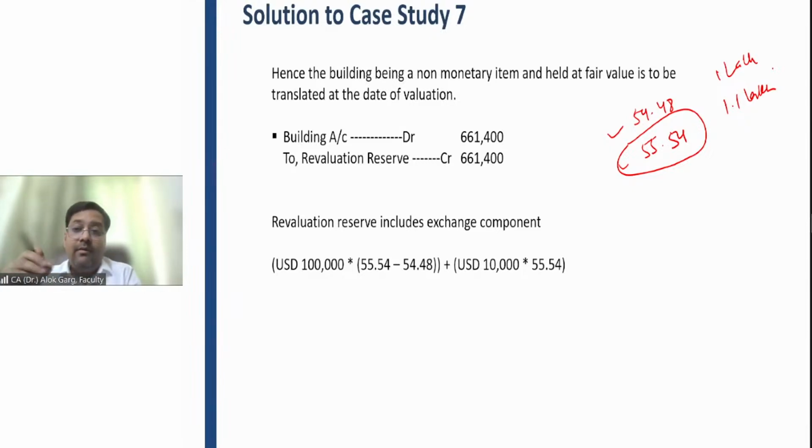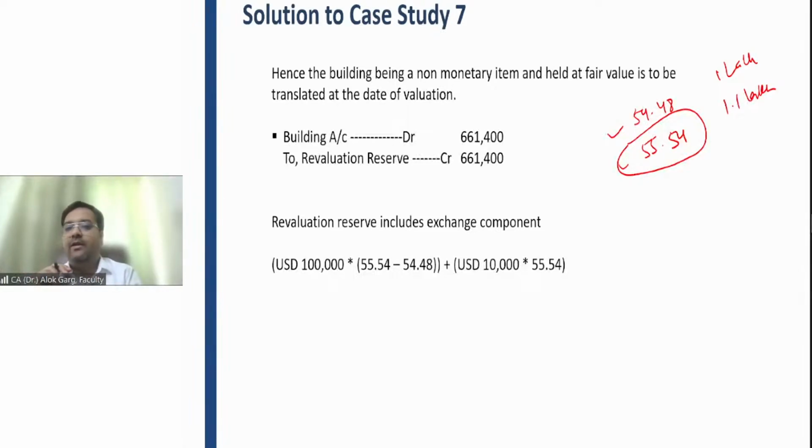But now it is a foreign currency transaction and there is a change of exchange rate as well. So this change of exchange rate will also go to the OCI, right?